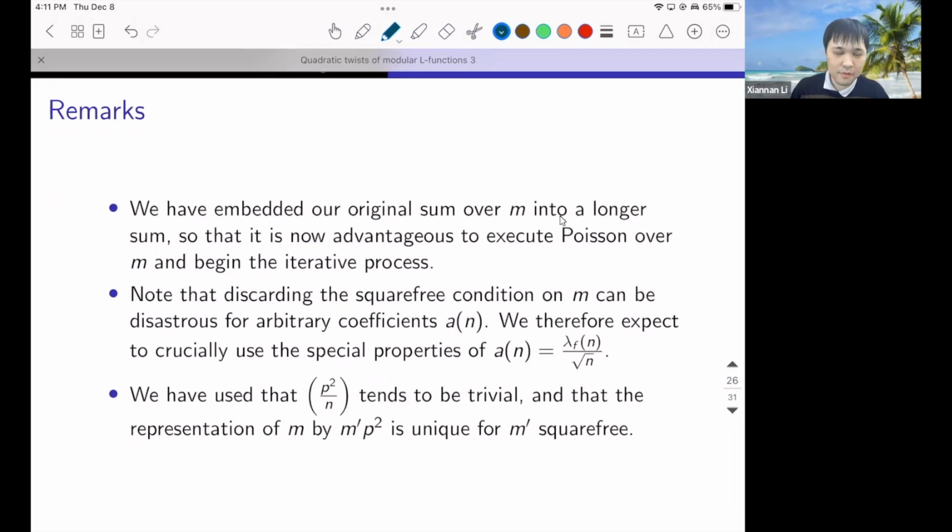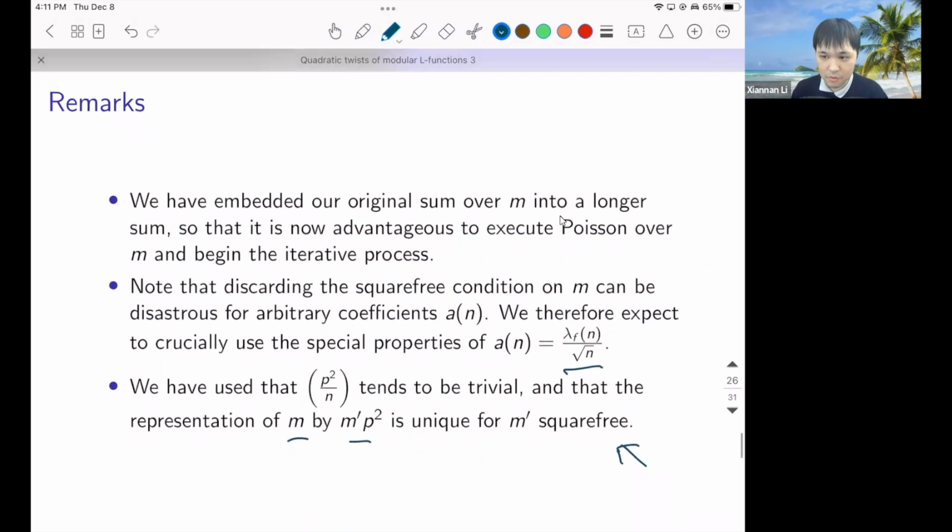In large sieve type settings, you want to avoid that. You lose primitivity there. So we do expect to use the special properties of the coefficients that we have, the lambda f of n over root n. And I've also mentioned here, we've used that p squared over n tends to be trivial, and the representation of m by m prime p squared is unique when m prime is square free.